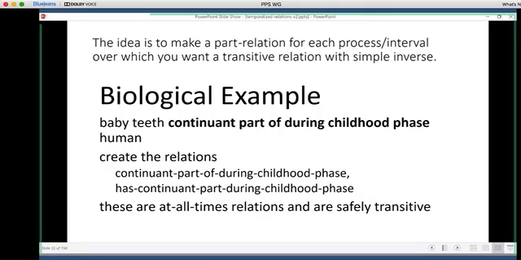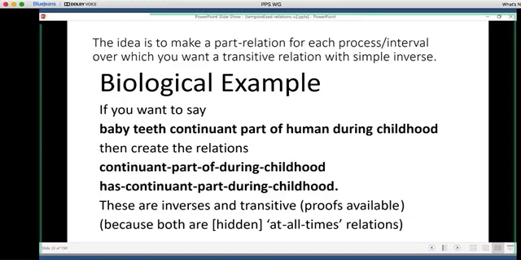And those two relations are perfect inverses. So we can't assume perfect inverses if we're dealing with generic parthood. We want to assume perfect inverses for all kinds of reasons in OWL, and the at all times strategy allows us to do that. These are transitive, and we have proofs that they're transitive.